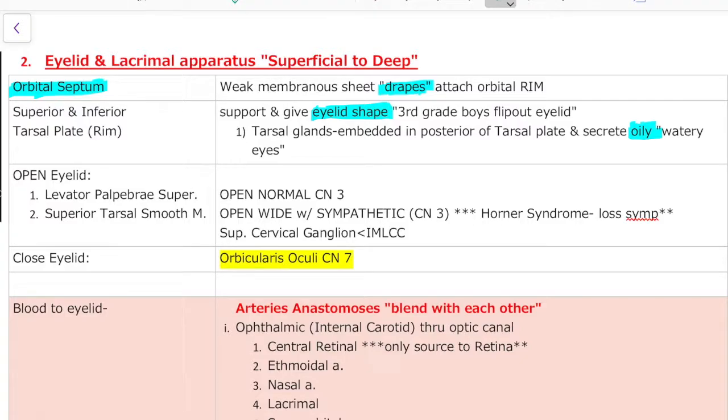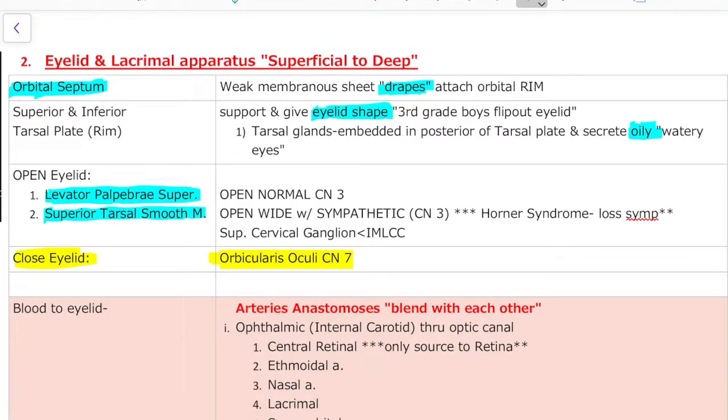Attached to the superior tarsal plate is a muscle, the superior tarsal smooth muscle, along with the levator palpebrae superioris. Both of these contribute to opening the eyelid, whereas the facial expression muscle orbicularis oculi is responsible for closing the eyelid.